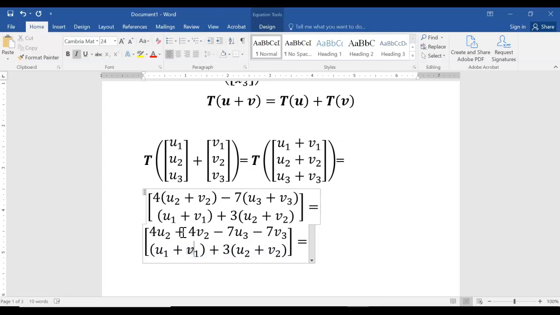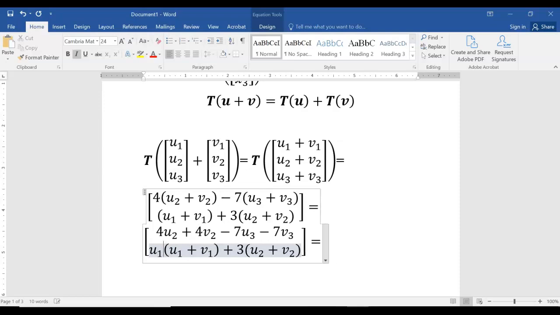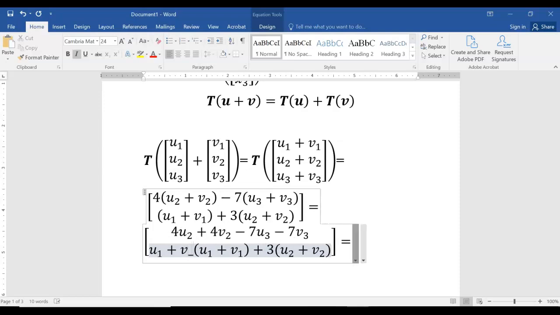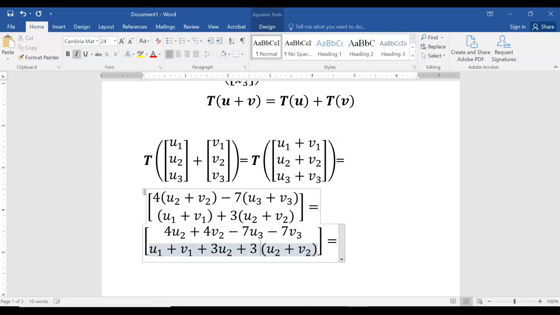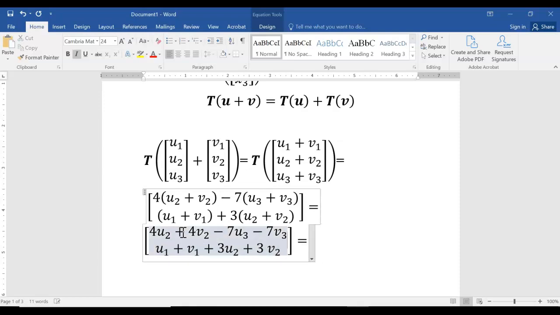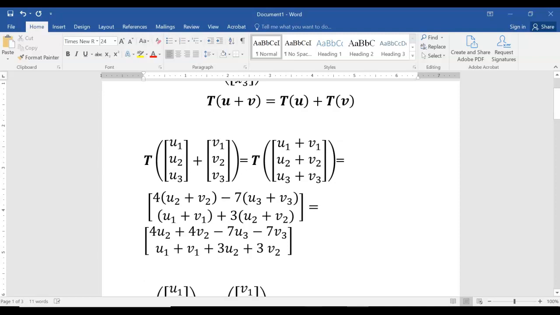My second entry of my image is going to be u1 plus v1 plus 3 times u2 plus 3 times v2. And that's about as simple as I can make that. Again, it's fairly long, but pretty straightforward. A lot of algebra, but nothing really difficult. No one part too difficult.